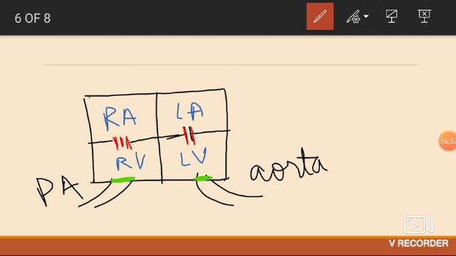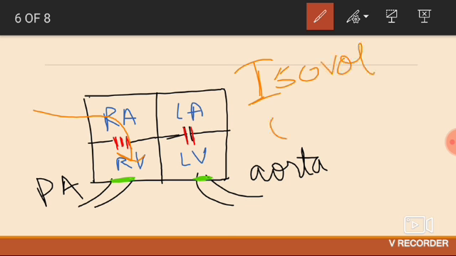And now what we see is, when this diastasis phase just gets over, the blood would have flown into the right ventricle and there will be pressure build up inside the right ventricle. And now again the isovolumetric contraction will start, because now the ventricle has relaxed enough. Now it will start contracting, and the first thing that happens is isovolumetric contraction.